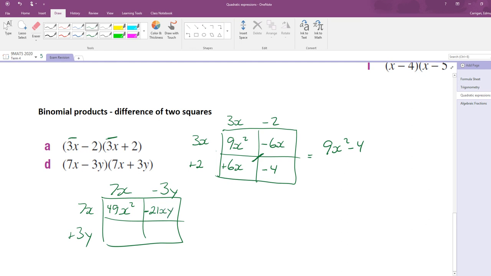Now we've got 7 times 3, so it's plus. 7 times 3 is 21, xy. We see those two cancel out. And then plus 3 times minus 3 is minus 9, y times y is y squared. We're going to end up with 49x squared minus 9y squared.